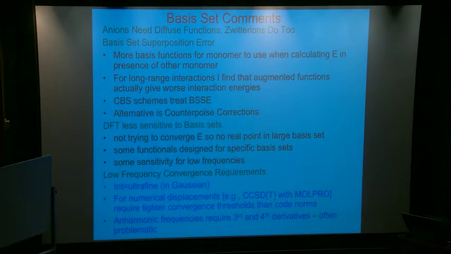When you take two species and put them together, say at van der Waals separations, then the calculation for species A is going to be able to borrow some of the basis functions from species B. Some of these basis functions extend into the region of the electrons for species A, and vice versa. And so you get an artificial lowering of the energy for species A due to its stealing these basis functions.